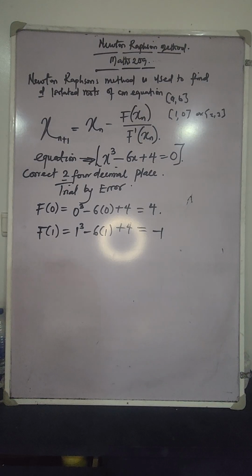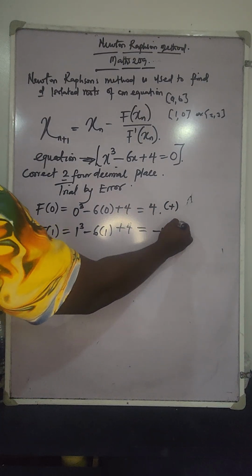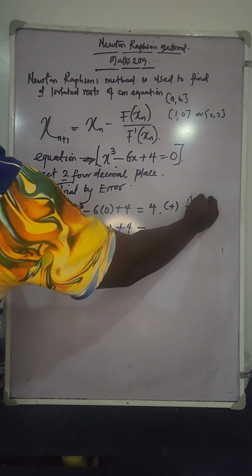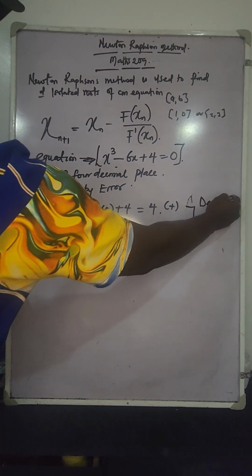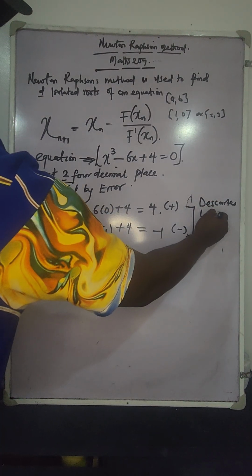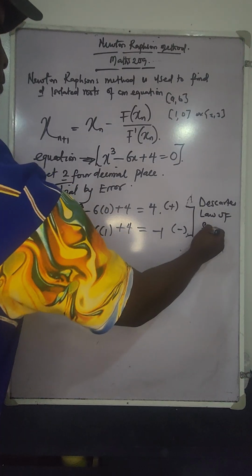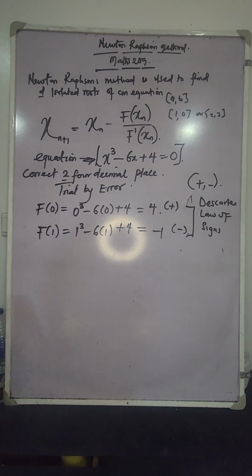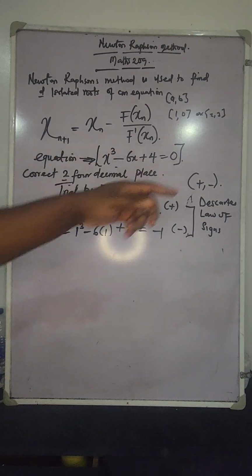Since one is a positive figure and the other is negative, it proves Descartes' law of signs, where you need to have one positive and one negative. The Descartes rule of sign: one positive, one negative.